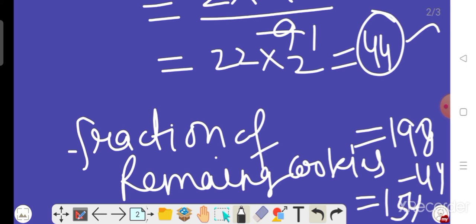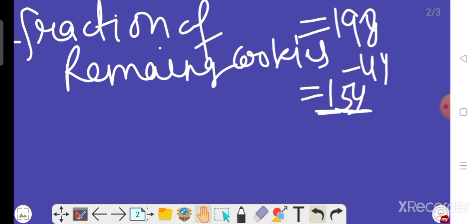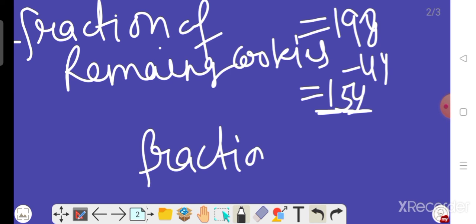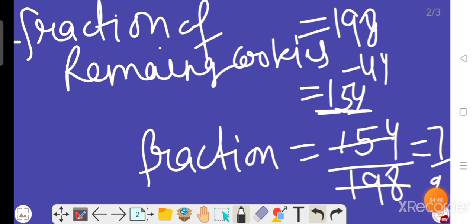So these are the cookies that we have after selling 44 cookies, and the required fraction is equal to 154 by 198, and after cancelling the common factor, this is equal to 7 by 9. Okay, so this is the solution of your question number 7th, beta.